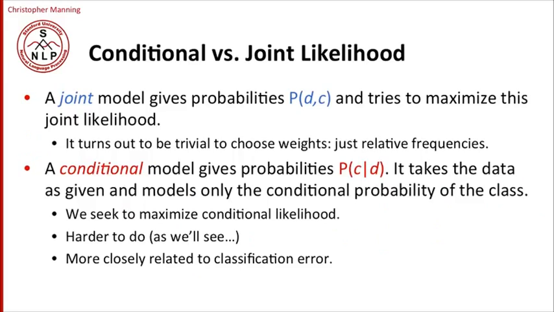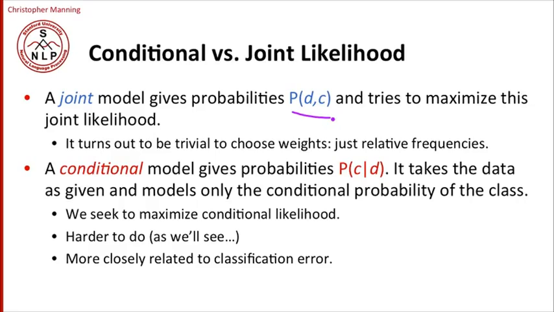So in generative models, we look at the joint probability over the data and the class, and what we try and do is attempt to maximize this joint likelihood. And as we've already seen, for categorical models, it's trivial to optimize the joint likelihood. All we do is take the relative frequencies of different events. That is, we count how often different things occur, and then we divide by a normalizing denominator, and we're done.